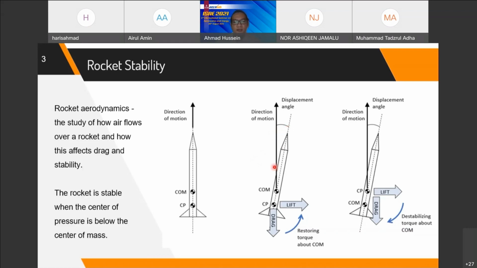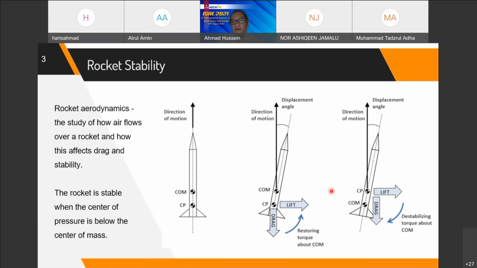If the center of pressure is located below the center of mass, the aerodynamic forces, which can be decomposed into lift and drag components, will produce a restoring torque about the center of mass, and this will restore the position of the rocket so that its axis is aligned to the direction of motion.